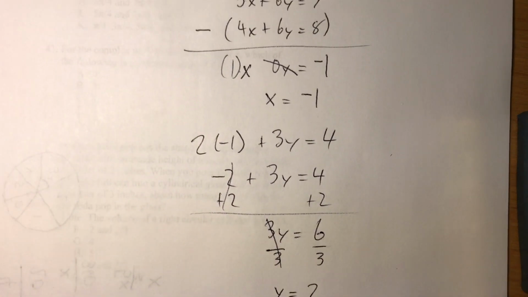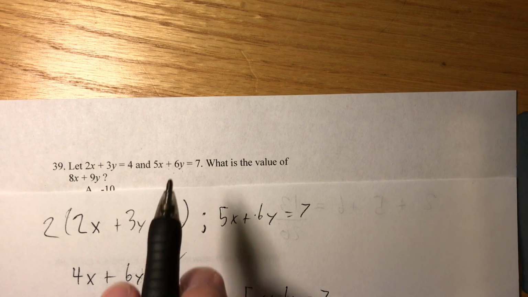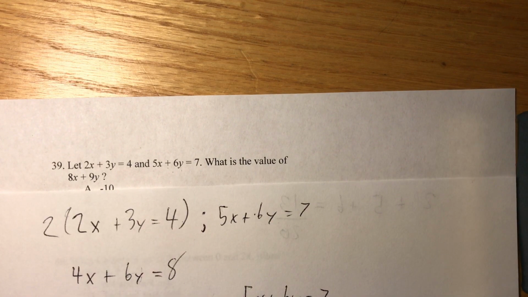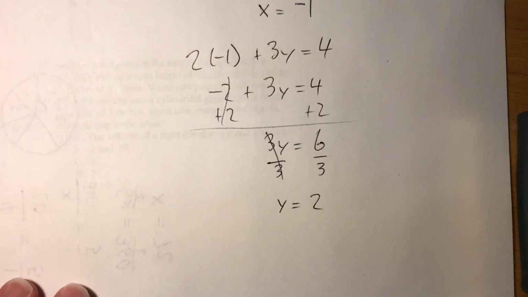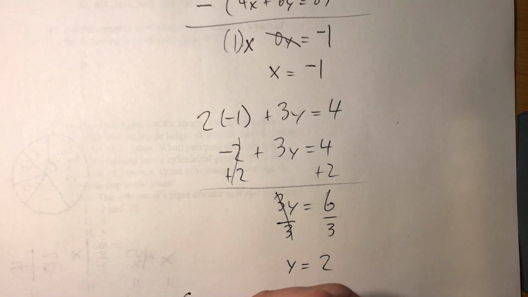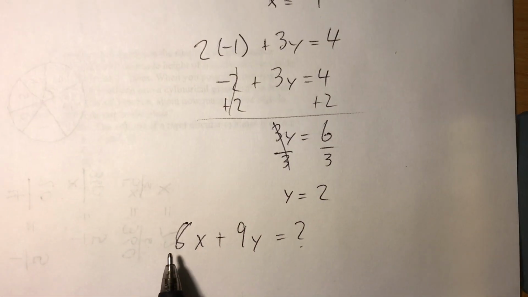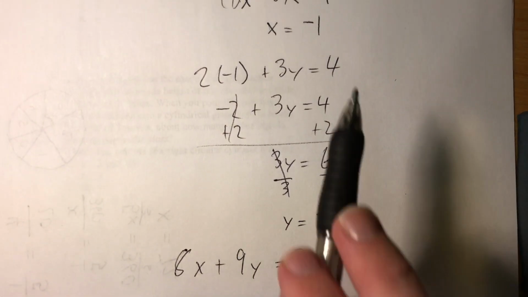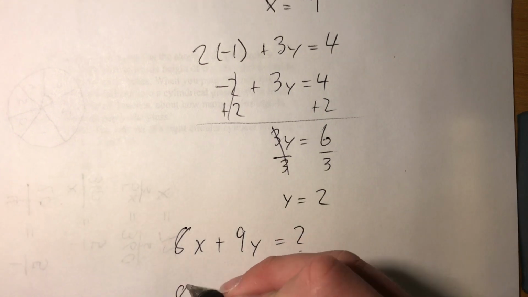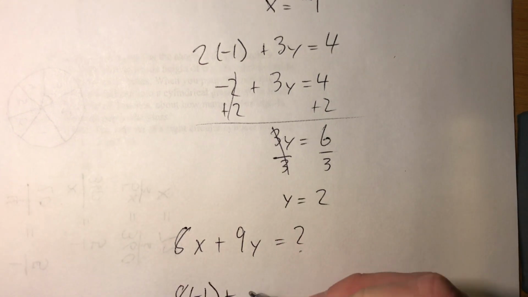And now we just need to figure out what the question was asking to begin with. What is the value of 8x plus 9y? And so we plug those numbers back into our original question. X equals -1, so 8 times -1 plus 9 times y equals 2.